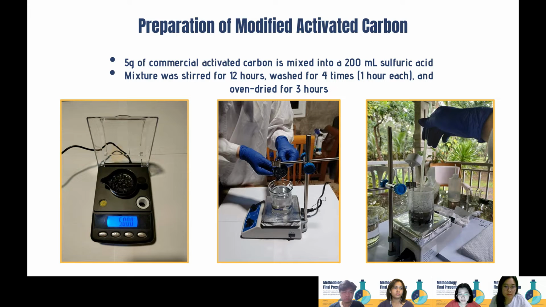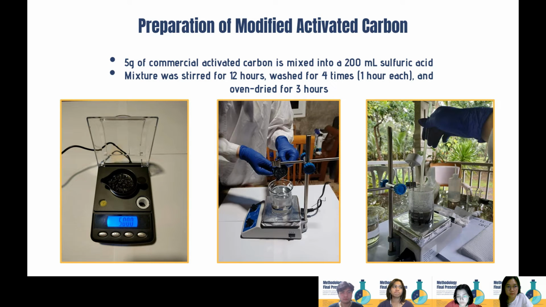Finally, the modified activated carbon was oven-dried for a total of 3 hours, in which it was weighed each hour until constant weight was obtained. Initially, the modified activated carbon weighed about 4.58 grams. After the first hour of drying, the weight was determined to be 4.303.